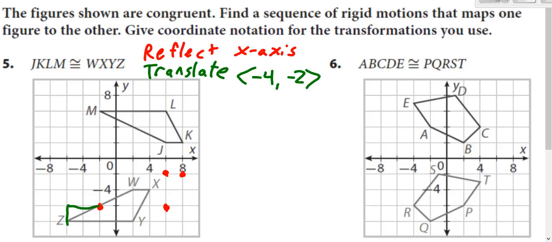For the next one, looks like the figure is being reflected. So now we can get this side here, CB, to match up right there with RQ. So it's being reflected over the y-axis.